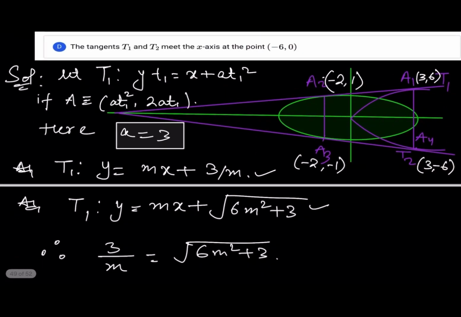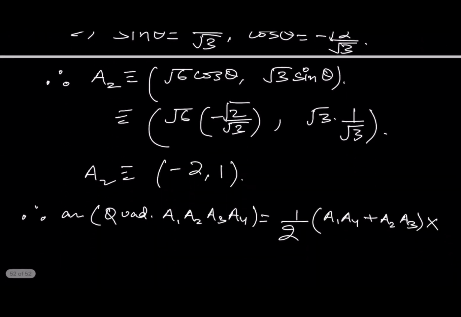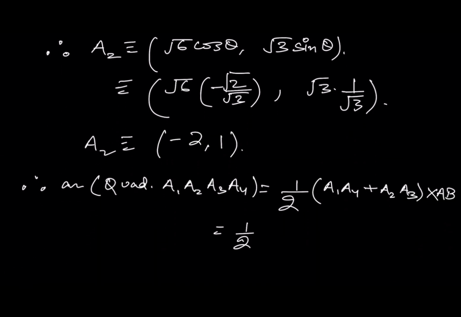Sum of parallel sides is A1A4 plus A2A3. Distance between the sides, say this is A and this is B, so AB. Half times sum of parallel sides 6 plus 6 is 12, plus 2, into AB.